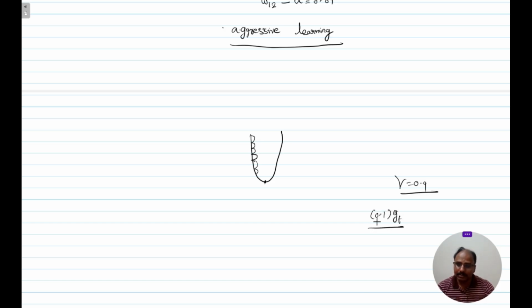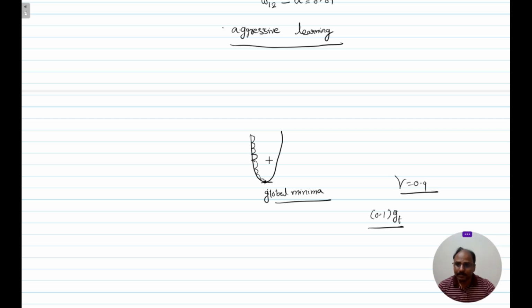So this will reduce the aggressiveness of the current g_t. So this will slowly go towards the minimum value, which we can call the global minima, local minima, because we have only one value.